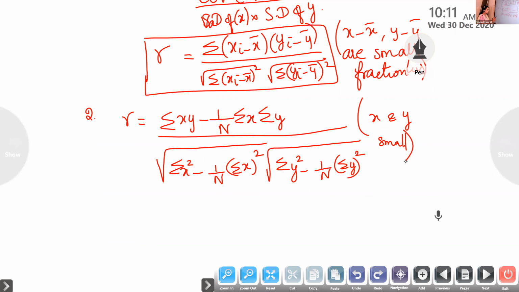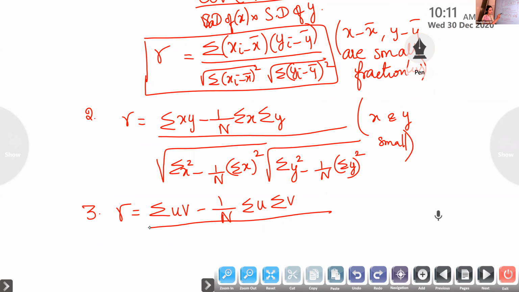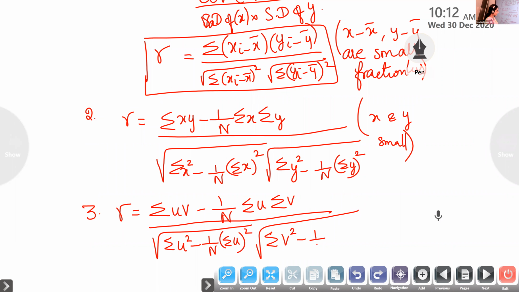When x and y become big, we use the assumed mean formula. So r is equal to sigma uv minus 1 by n into sigma u sigma v by root of sigma u square minus 1 by n into sigma u the whole square, into root of sigma v square minus 1 by n into sigma v the whole square.